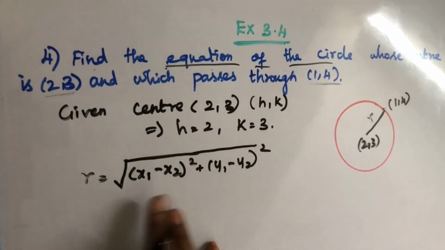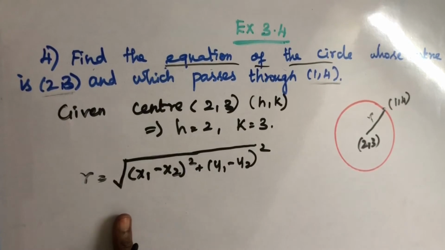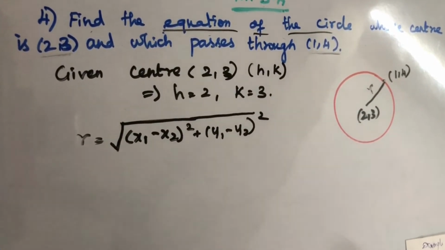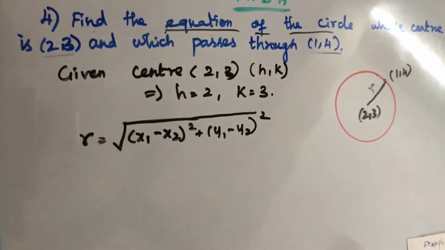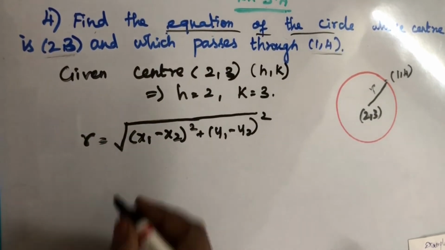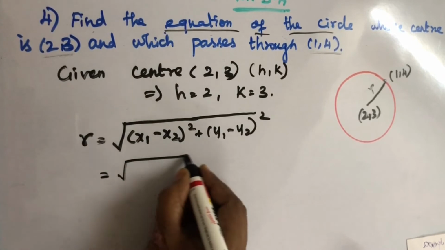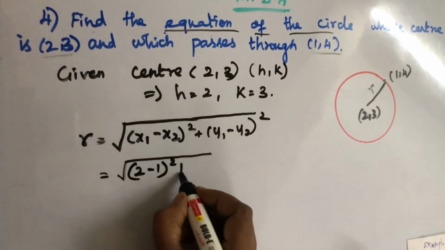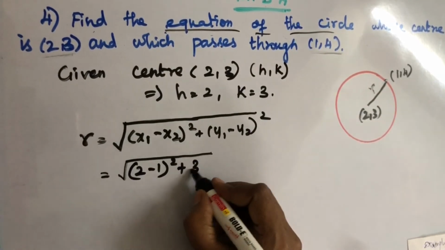To calculate the distance between 2 points, we use this formula frequently here also. You may have studied it in 10th standard. So, r is equal to square root of x1 minus x2 the whole square plus y1 minus y2 the whole square, that is equal to 2 minus 1 the whole square plus 3 minus 4 the whole square.